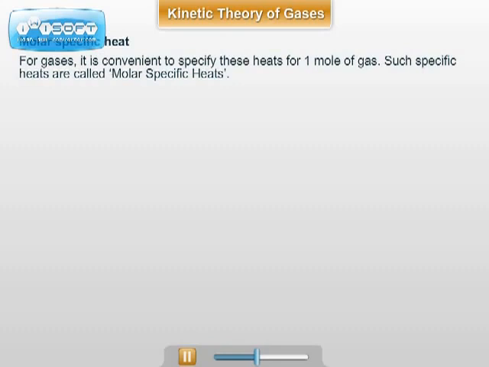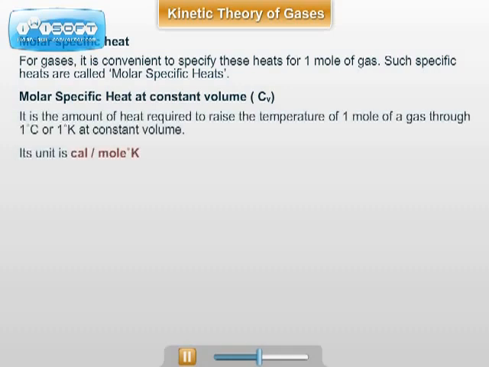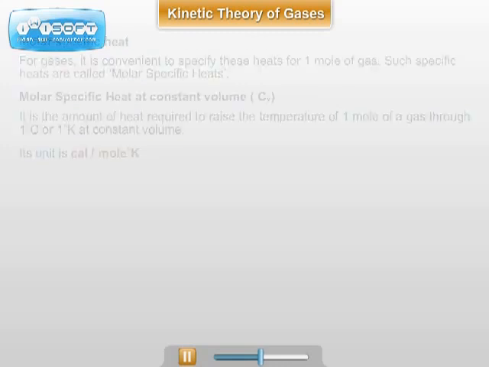For gases, it is convenient to specify these heats for 1 mole of gas. Such specific heats are called molar specific heats. Molar specific heat at constant volume of a gas is the amount of heat required to raise the temperature of 1 mole of a gas through 1 degree Celsius or 1 degree Kelvin at constant volume.